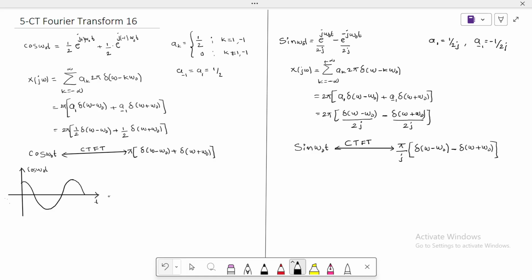For this case, in the continuous time Fourier transform, what are we getting here? Two impulses.